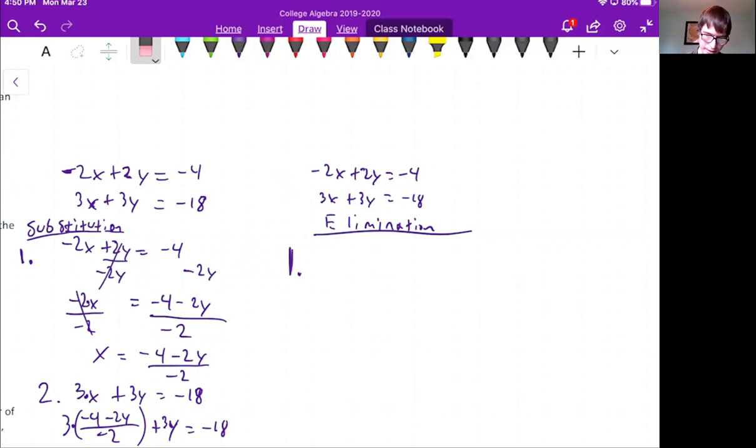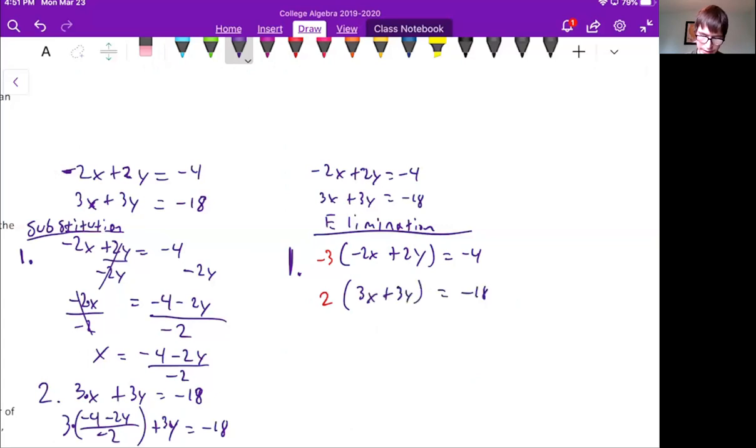Let's use a slightly different color so you can see what's going on. I take a negative 3 and multiply on the top, and a 2 on the bottom. I multiply the negative 3 times negative 2x plus 2y equals negative 4, and I multiply the 2 by 3x plus 3y equals negative 18.